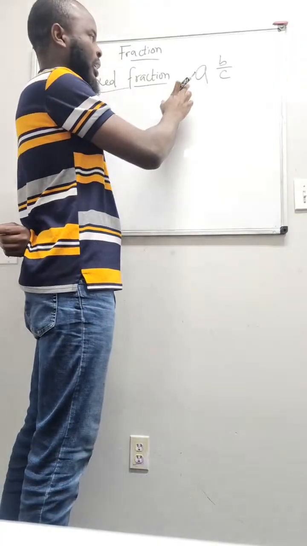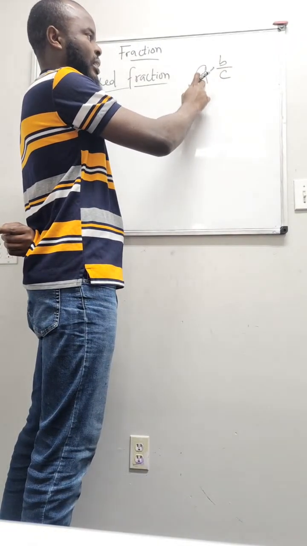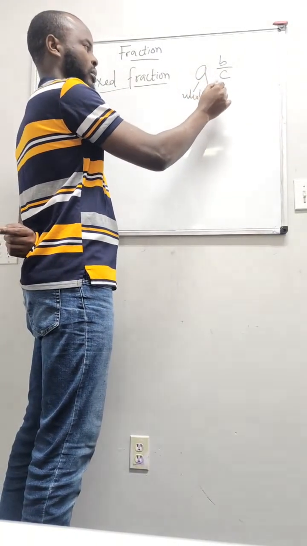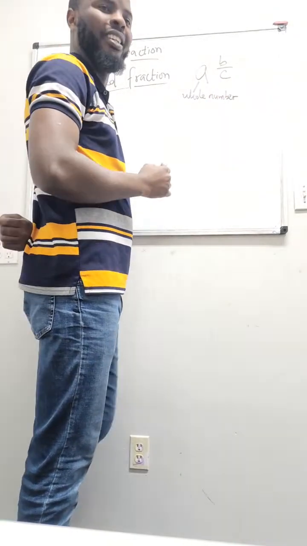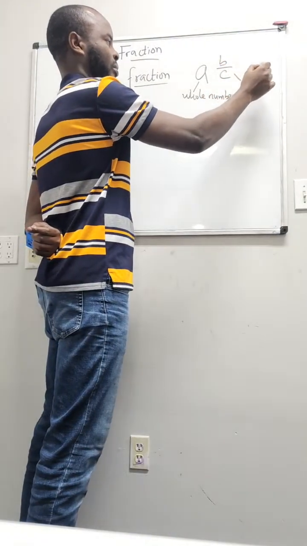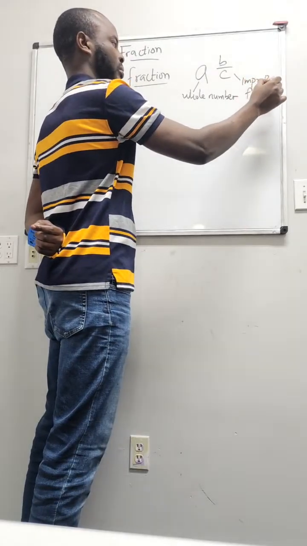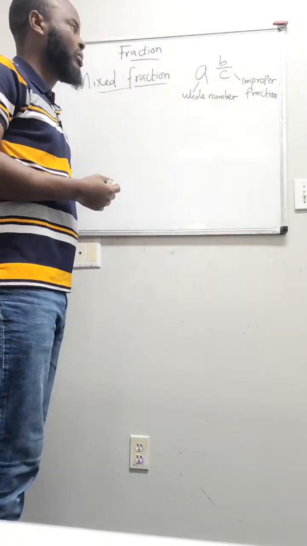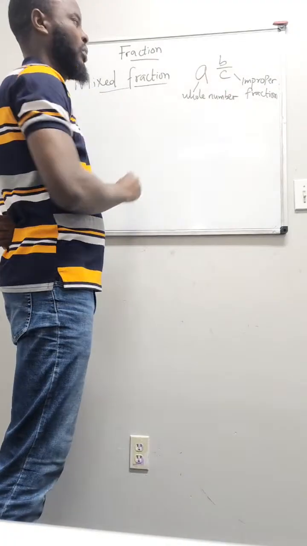A is the whole number. B over c is the improper fraction. So a is the whole number, b over c is the improper fraction. So we have the combination of the two.